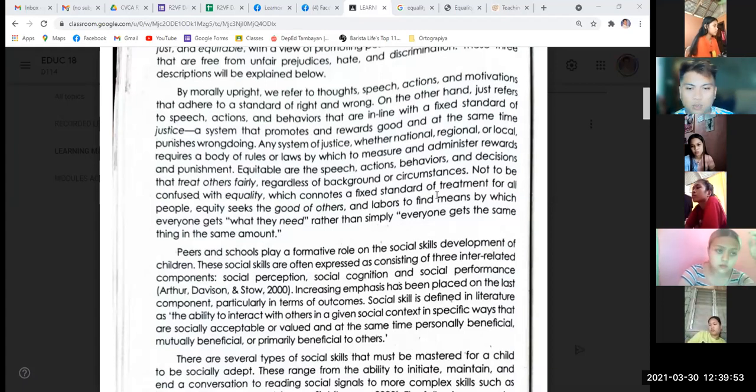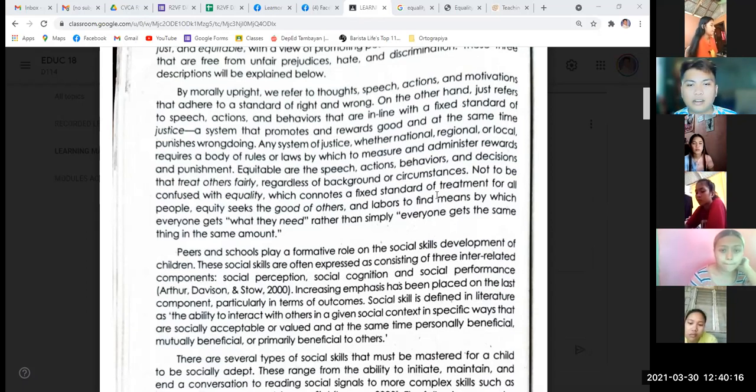All of us will be at school. You will be interacting with one another. Okay? You'll have the idea of what is social perception, social cognition, and social performance. Diba? What does it mean to be at school?